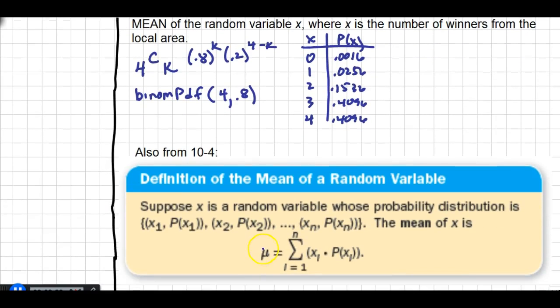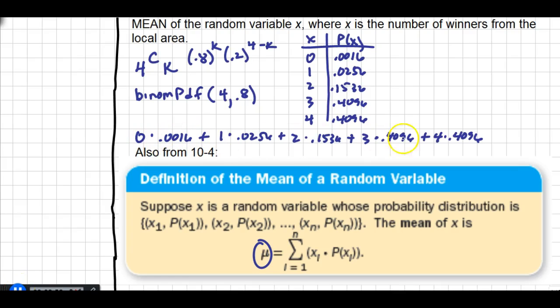Let's review how you would actually now find the mean using this table. A quick review: the mean of the random variable is the letter mu, and it's taking all the x's and multiplying them by their probabilities and then adding them up as you go. So let's write out that result, starting with 0 times 0.0016 and so on.